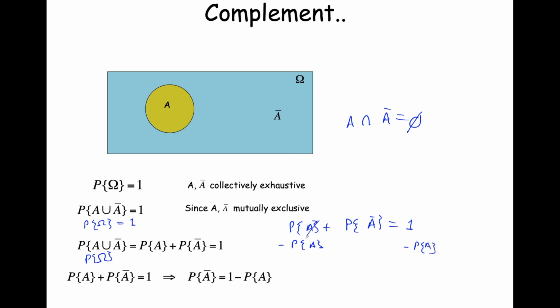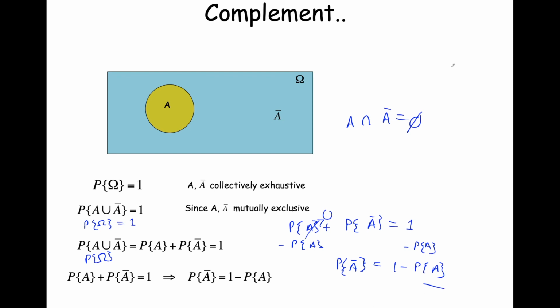What ends up happening, this goes to 0, and we're left with probability of A bar is equal to 1 minus the probability of A. Okay. So if we have the probability of A and we want to know what A bar is, that's just 1, the probability of the universe, minus the probability of A.